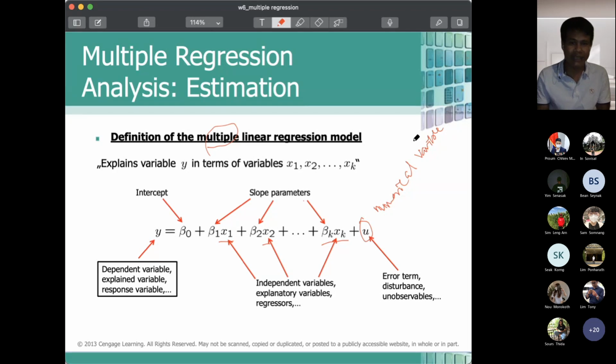We still call epsilon the error term, disturbance, or unobserved variable. Beta 0 we still call the intercept, and beta 1, beta 2, until beta k, we call slope parameters. We call them slope parameters or error term only for populations, but we call them estimates or residuals for a sample. All right.